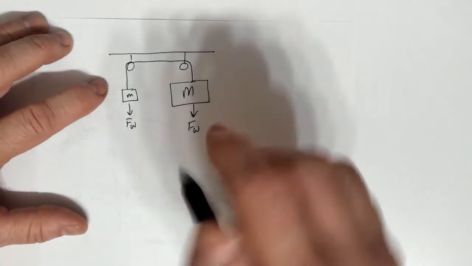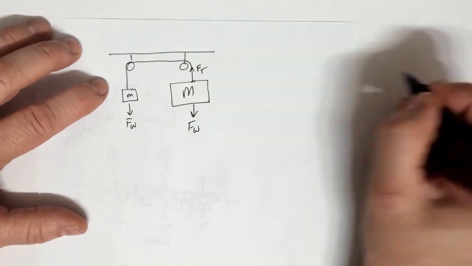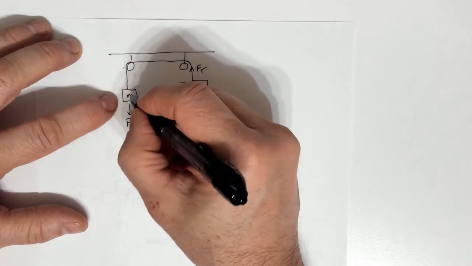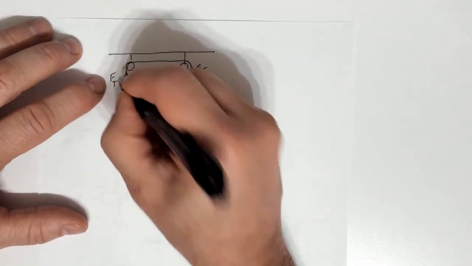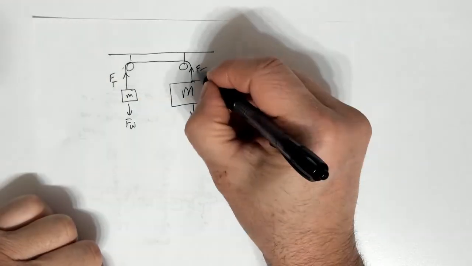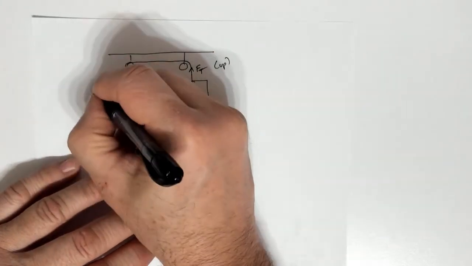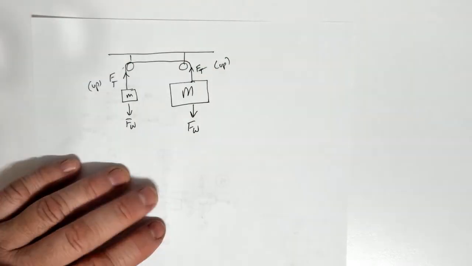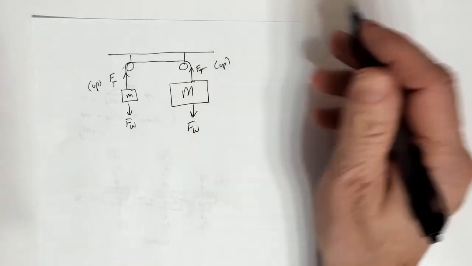Okay, and this is pulling up, so we have force of tension up because it's pulling on this box, but then this box is pulling back, so there's another force of tension. Okay, upward. So we would have tension, this would be up, this would be up. Is there any other forces I could think about? Sure, there's force of weight down, but then which way would they accelerate?